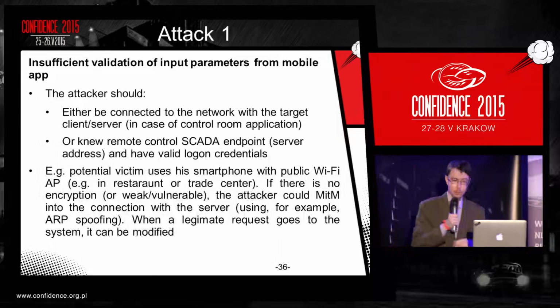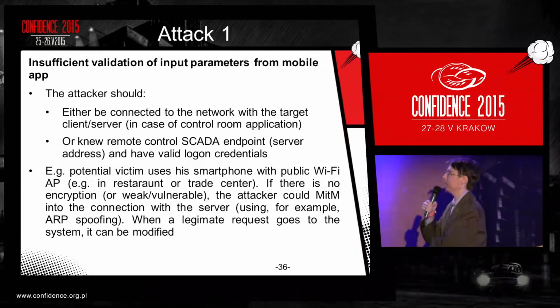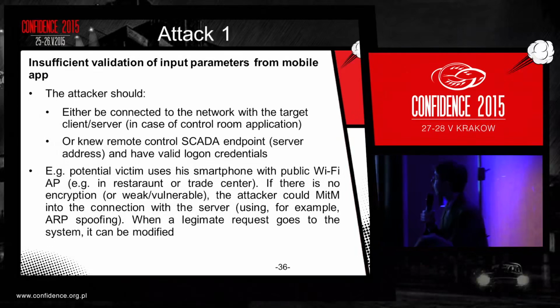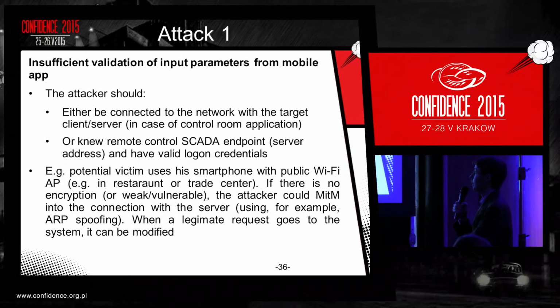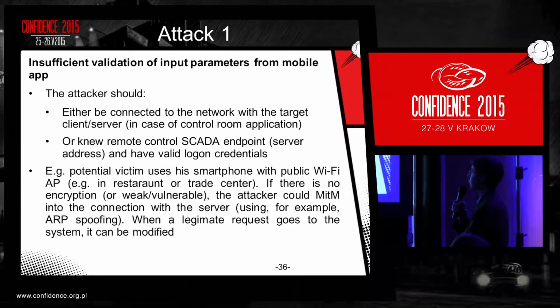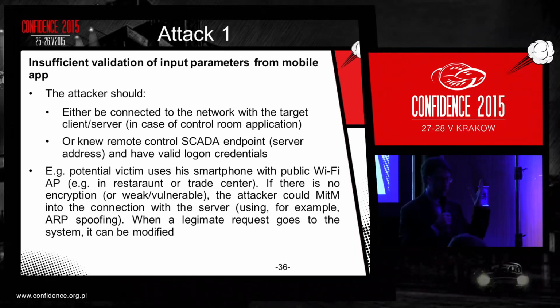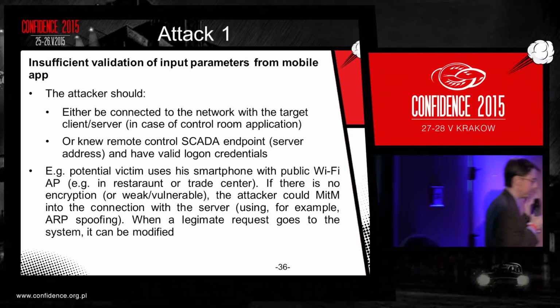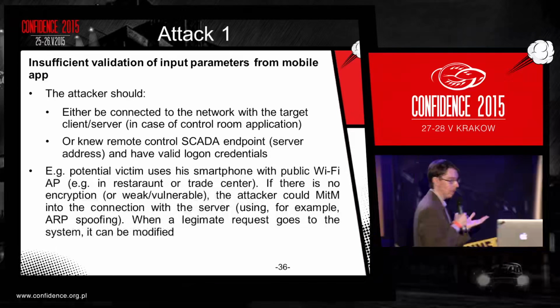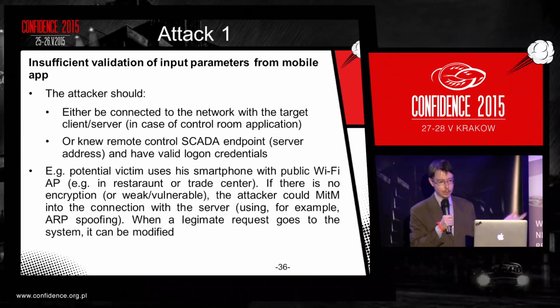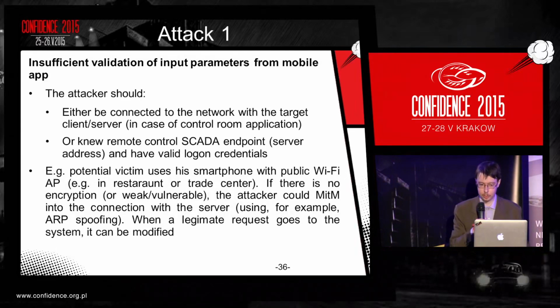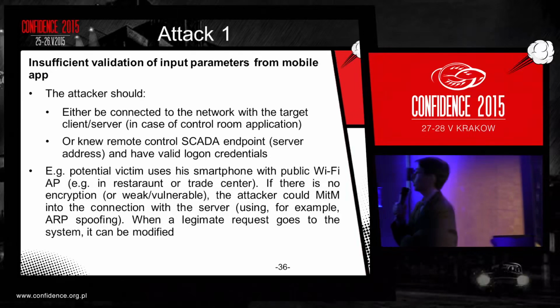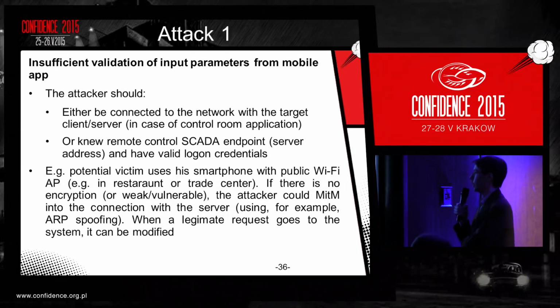And at the end of the talk, we want to show you a couple of attack scenarios. The first attack is insufficient validation of input parameters from the mobile application, and it happens when the server side thinks that all parameters should be checked on the client side. To craft this attack, the attacker either should be connected to the network with the target client and server, in which case he should be in the control room, or know the remote control SCADA endpoint and have valid logon credentials.